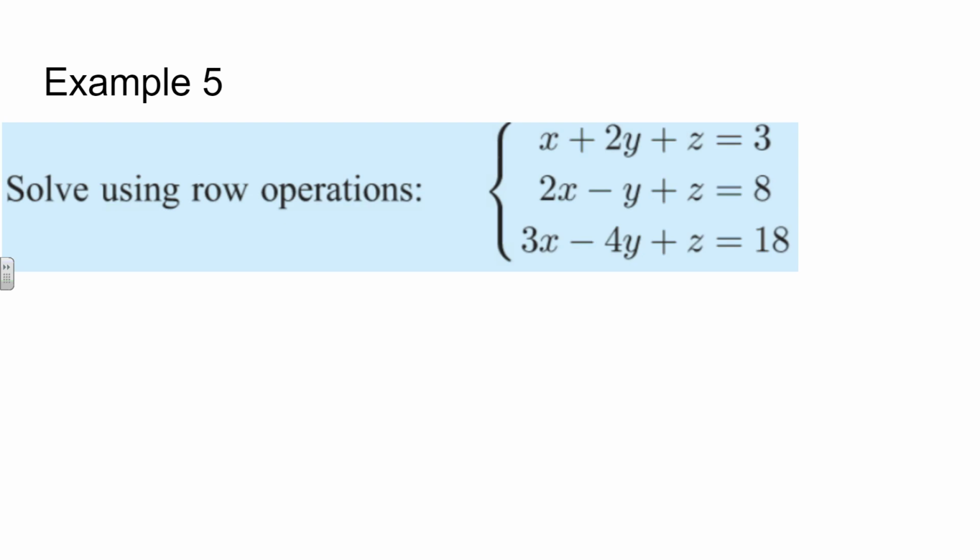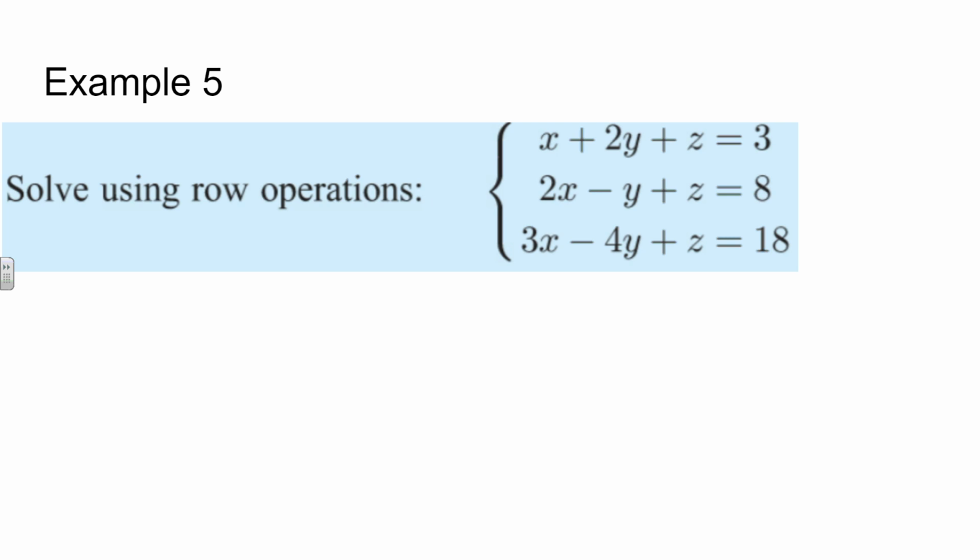Let's take a look at our next example here. Before I try this one, you might want to pause the video and see if you can get there on your own. Again, keeping in mind that once I get into my augmented matrix, I'm going to want down column number 1, 1, 0, 0, and then I'm going to want a 1 in row 2, column 2, a 0 in row 3, column 2, and a 1 in row 3, column 3.